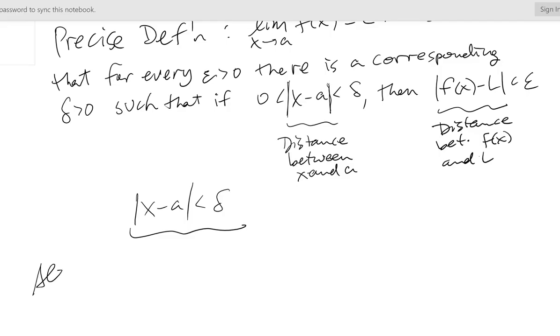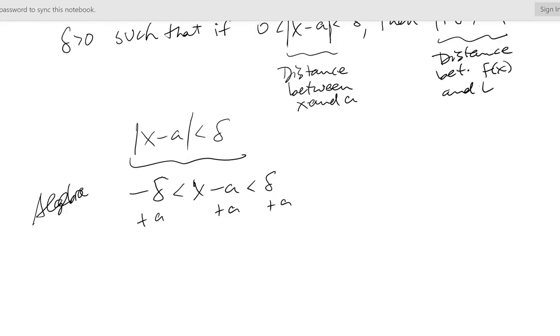then this piece here, if you go back to your algebra class, the way you look at this is negative delta less than x minus a less than delta. If you add a to all three sides, then you're going to get a minus delta less than x less than a plus delta.